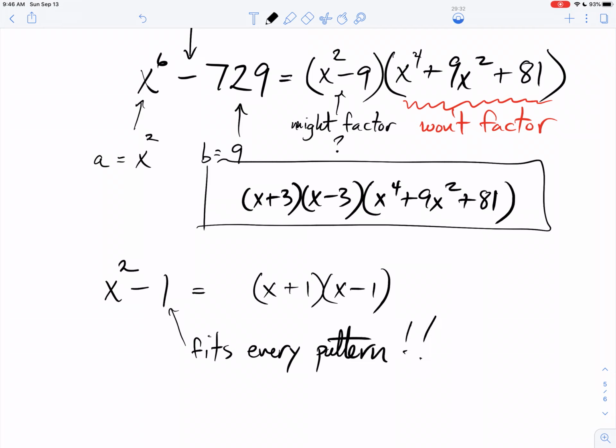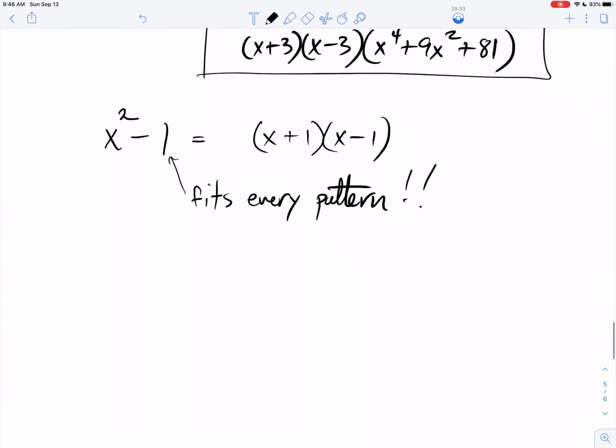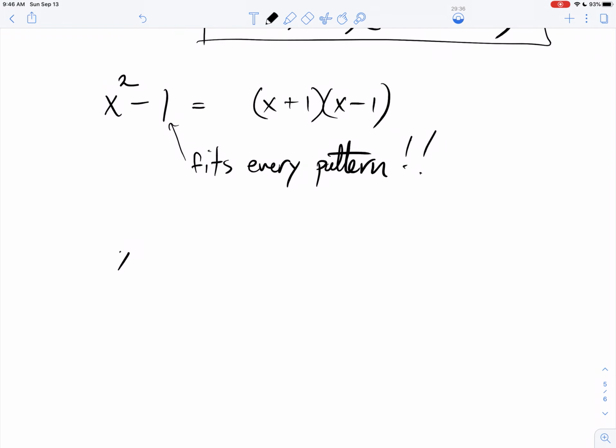So when you see this, and you're going to see this in one of the homework assignment things, you're going to see this guy, like x cubed minus 1. Okay? And then sometimes people draw a blank because 1 is so basic. But this would be my b value.